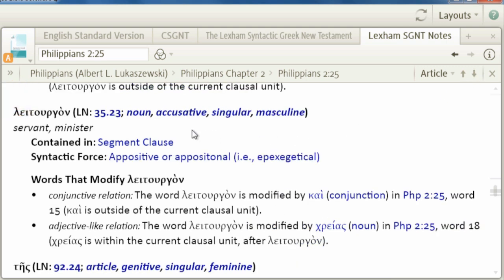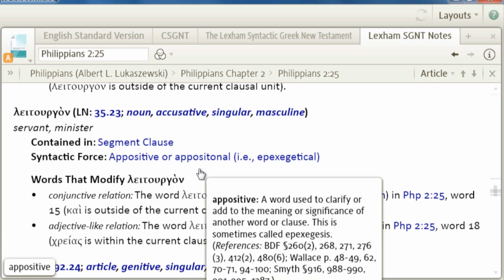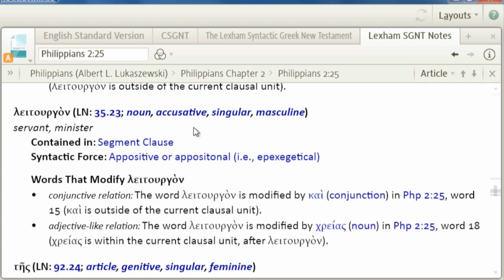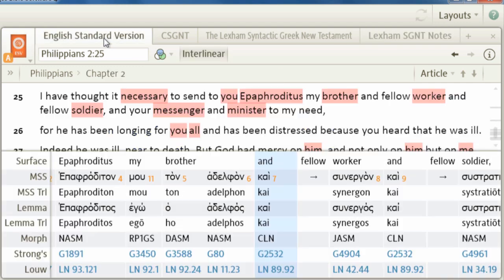And leitorgon, accusative and also appositional. So you'll want to understand that while each case has a most common use, they also have a range of uses. So if you were to go back to something like the ESV with visual filters, you would want to understand that you can apply that general definition to each one of the instances here.